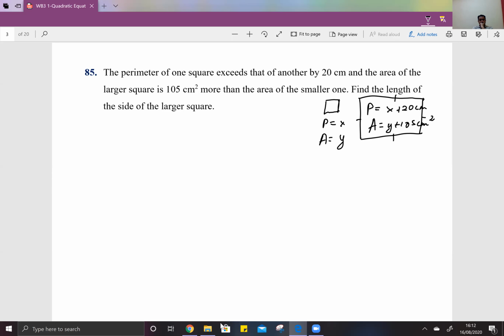How would you do this one? In this question, instead of using X and Y for perimeter and area, let's use them for the sides of these squares. Let's say the side of the smaller square is, actually here it's the length, we can use A. And the length of the bigger square is B.